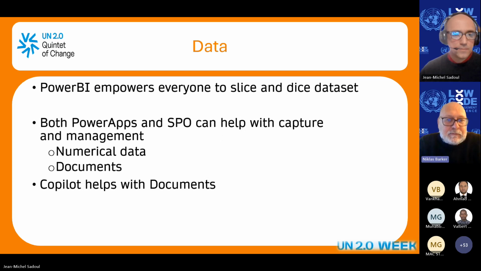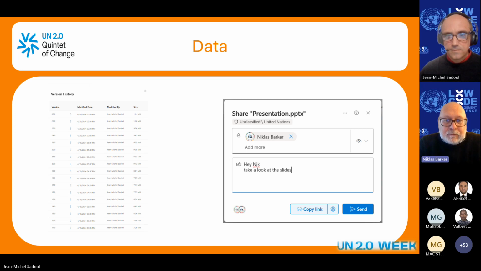So it's also useful for sharing documents as well, and extrapolating and sharing that data. So these are just some examples of very basic tables, and then quickly sharing that presentation and embedding. You have the option to embed that Power BI and share that with other UN staff to quickly gain access.